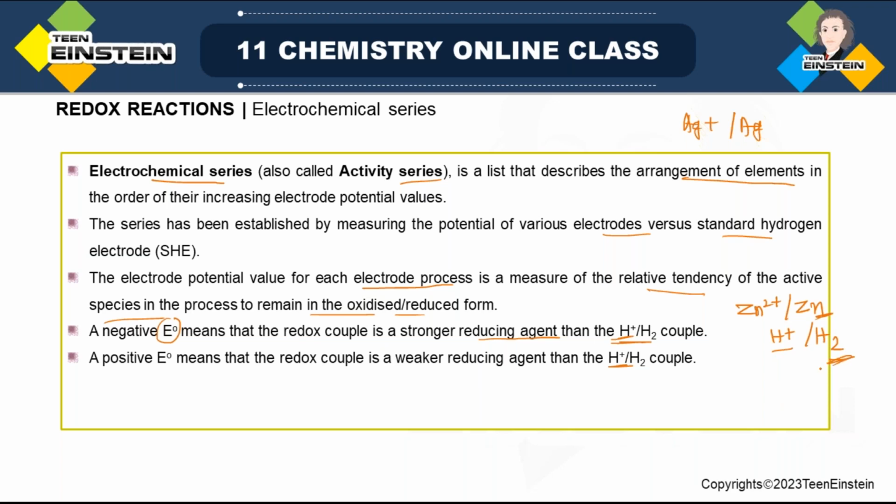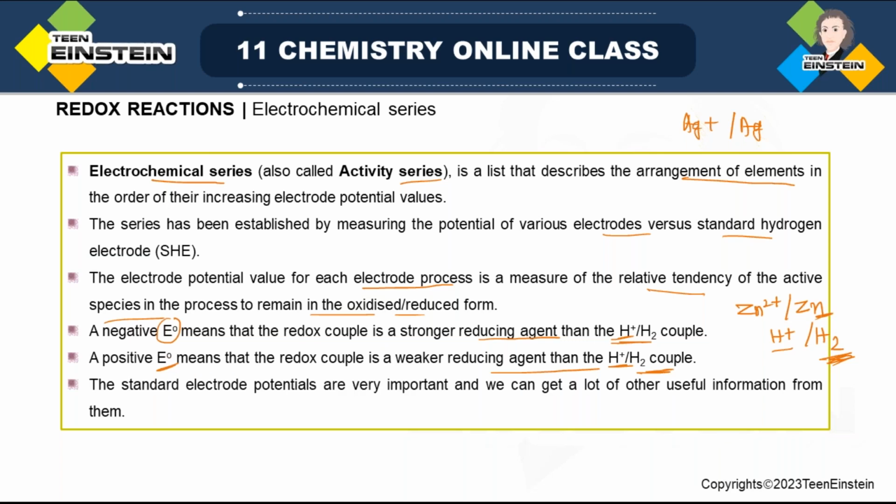But if you have taken a couple which has a positive E0, then what will happen? Now H2 will reduce that species. So it is written that it is a weaker reducing agent compared to this. Now H2 will be the reducing agent if the value is positive. The standard electrode potentials are very important because we can get a lot of information just from this series. Just look at the value, and you will be able to understand.